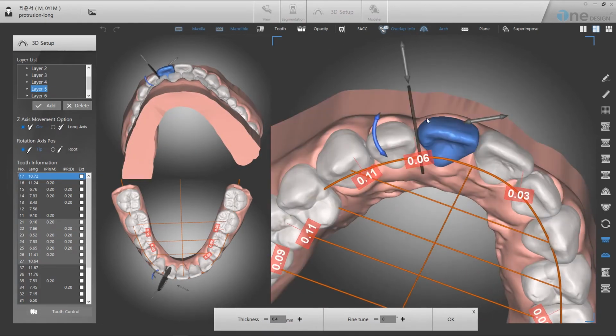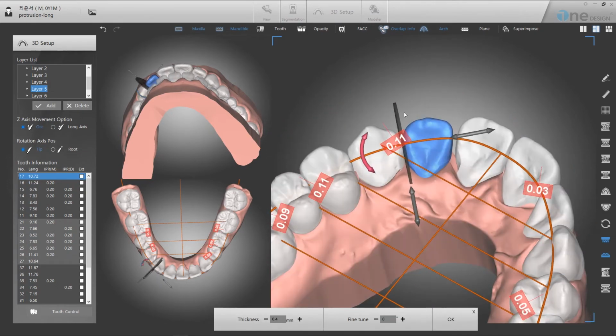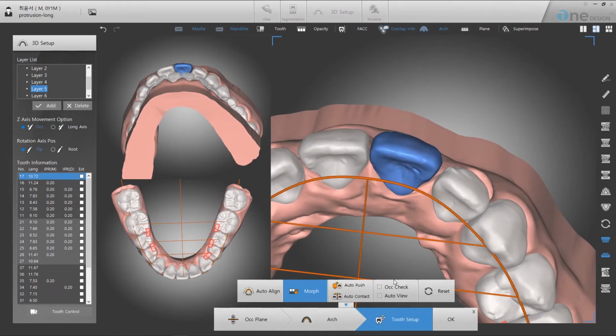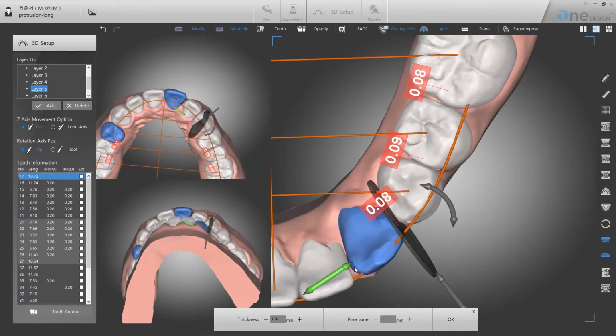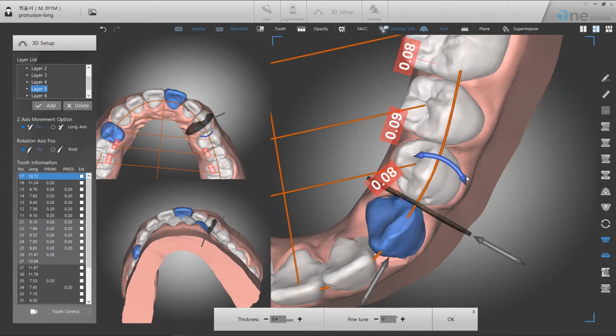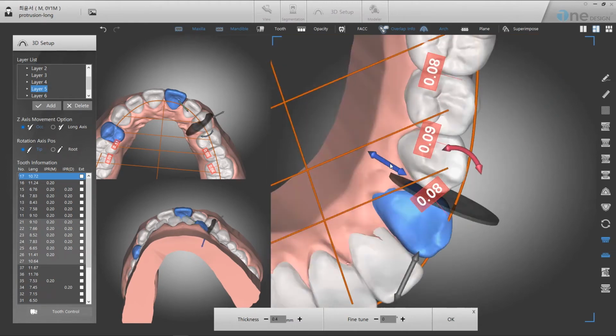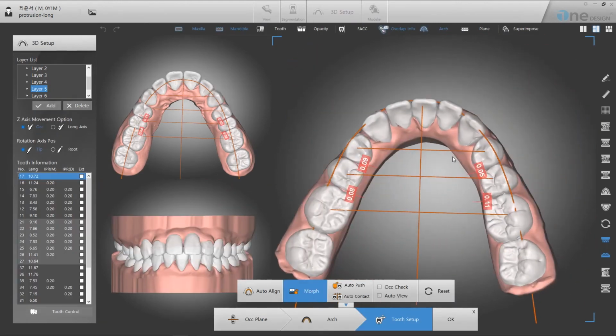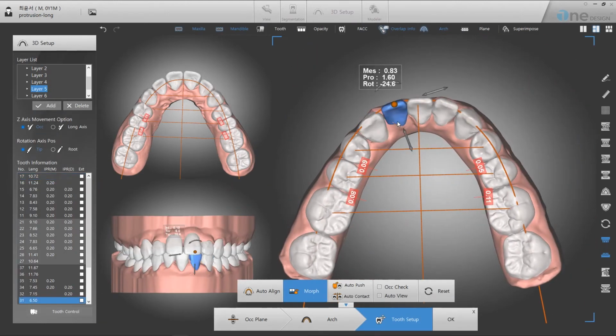Apply IPR once more between the upper 4 incisors and between teeth number 33 and 34. In layer 5, we finish the setup with space closing with retraction.